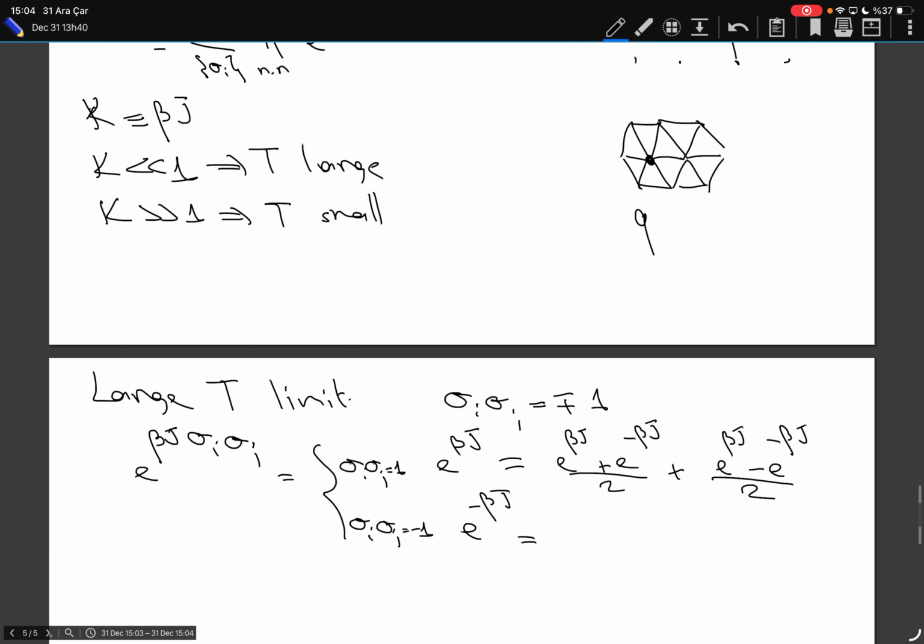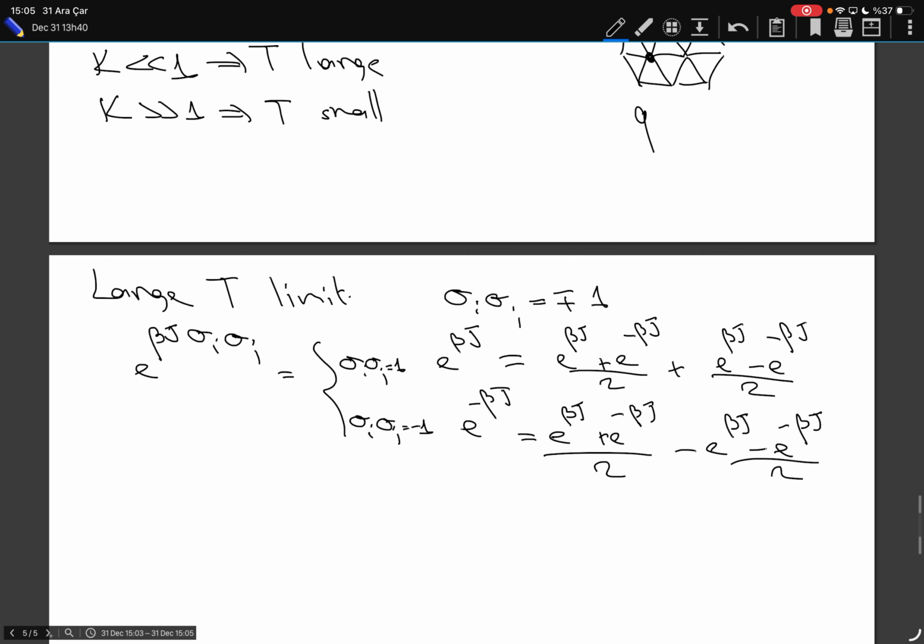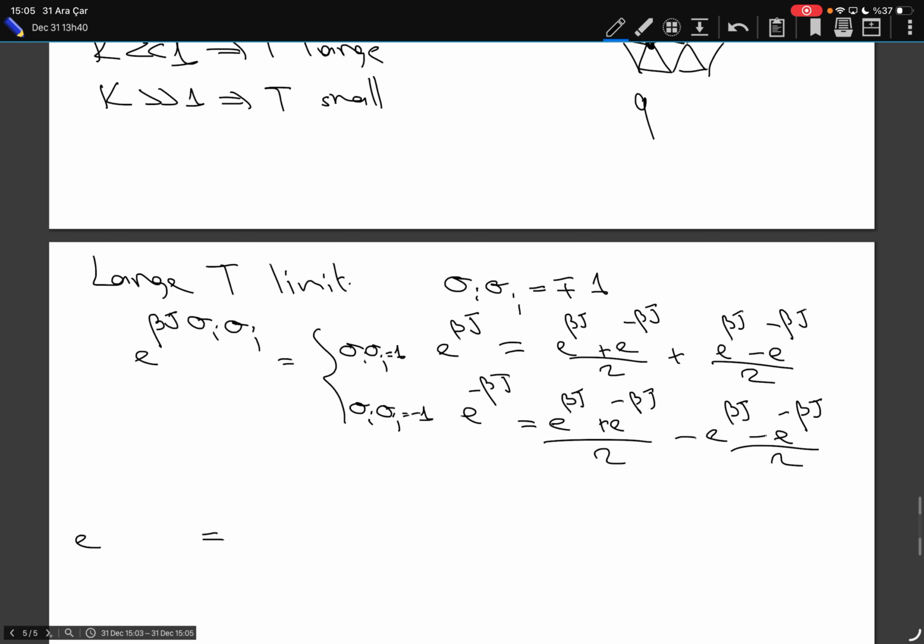And similarly here, this number is e to the power beta j plus e to the power minus beta j over 2, minus e to the power beta j minus e to the power minus beta j over 2. So again, the same number. If sigma i sigma j is equal to 1, that number is equal to cosh beta j plus sinh beta j.